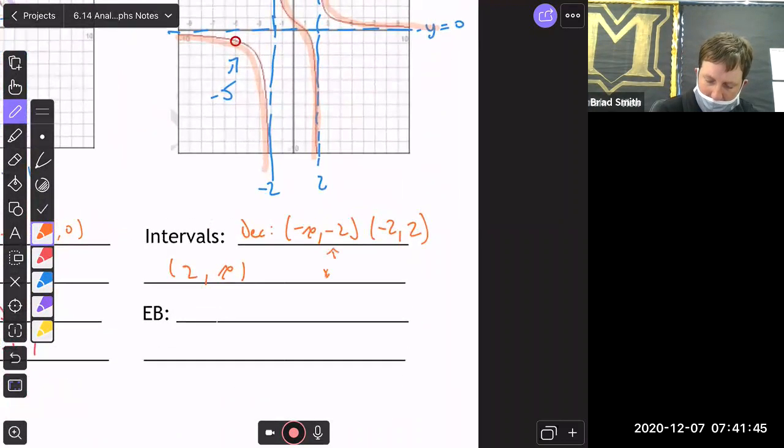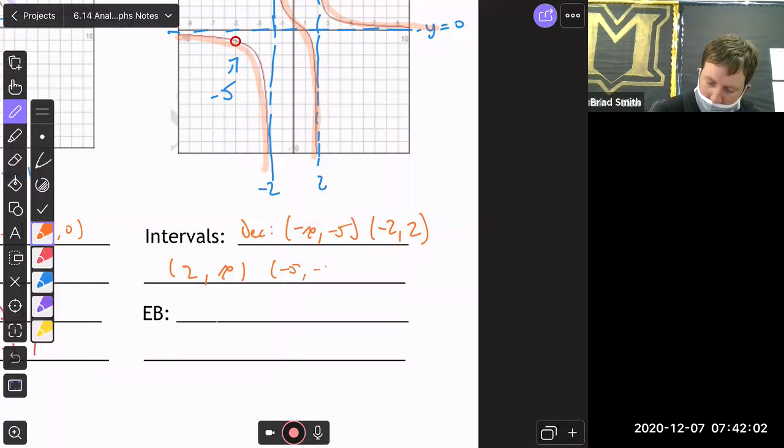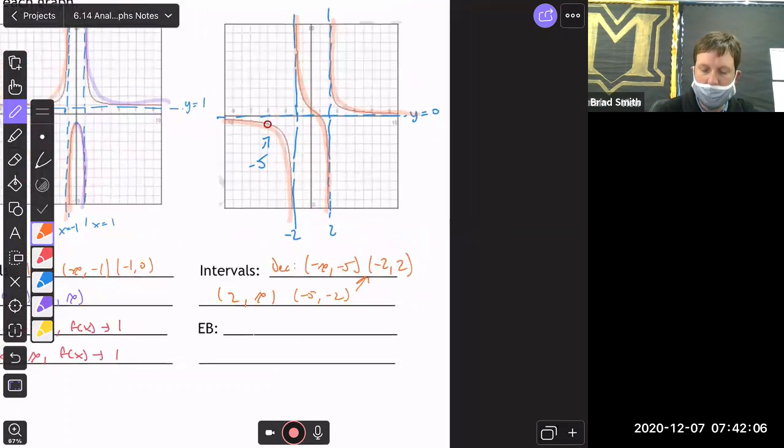One, I can come up here and say x cannot equal -5, or I can continue with the intervals and say -infinity to, where's my eraser? To -5, and then I add in -5 to -2. So this could go there if I'm going in order, but order doesn't really matter.